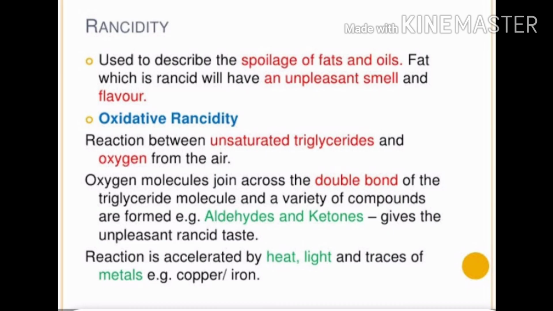Another major effect of oxidation is rancidity. It is used to describe the spoilage of fats and oils by the action of oxygen to form aldehydes and ketones, which are responsible for bad flavor and unpleasant smell. The reaction of rancidity is accelerated by heat, light, and traces of metals like copper and iron.